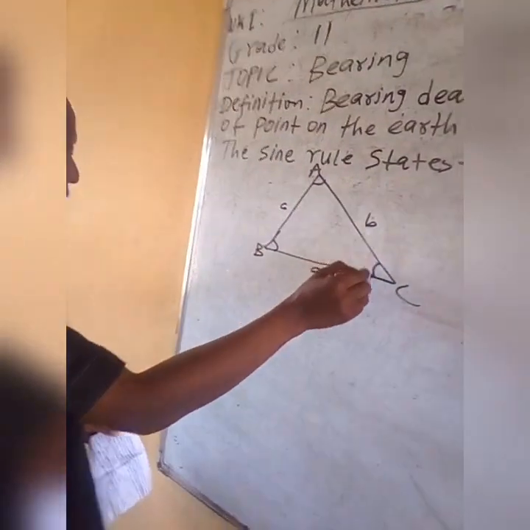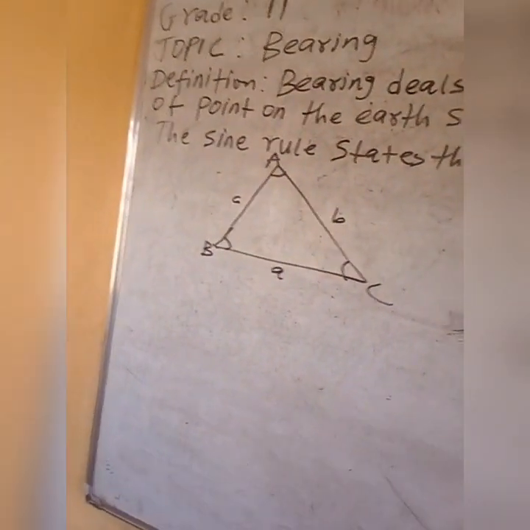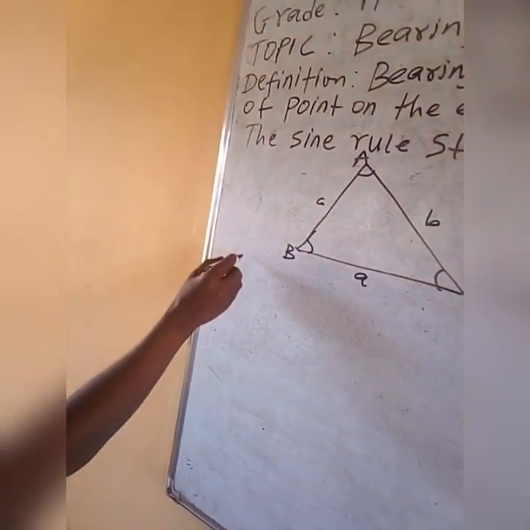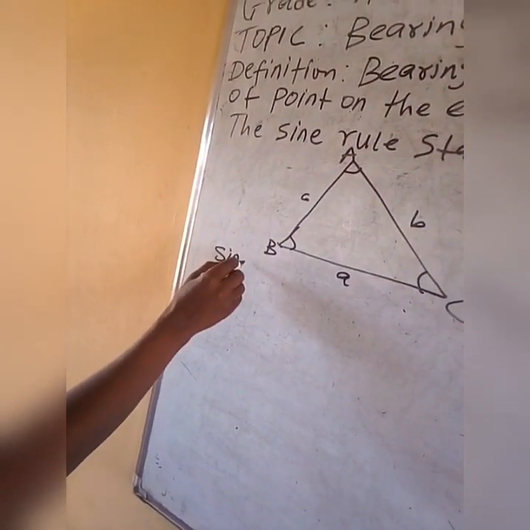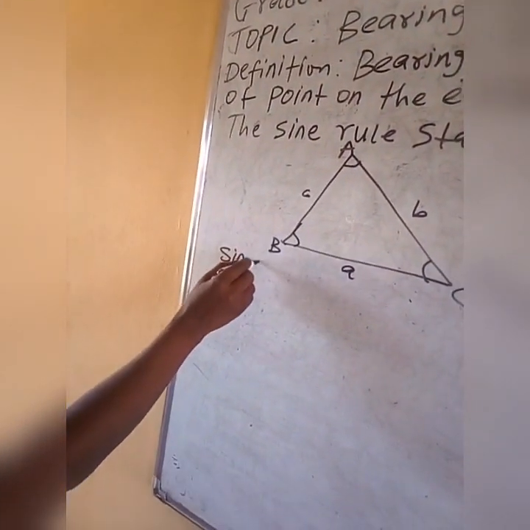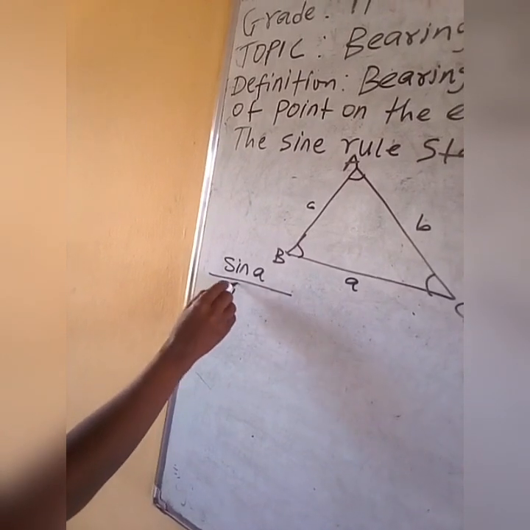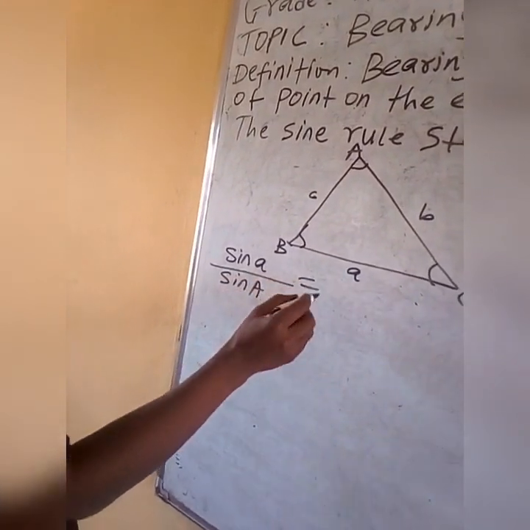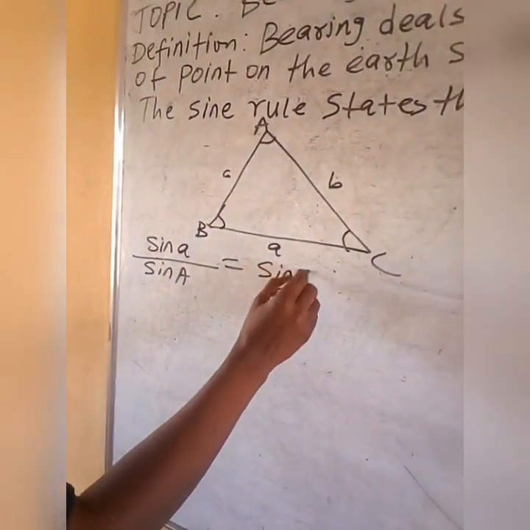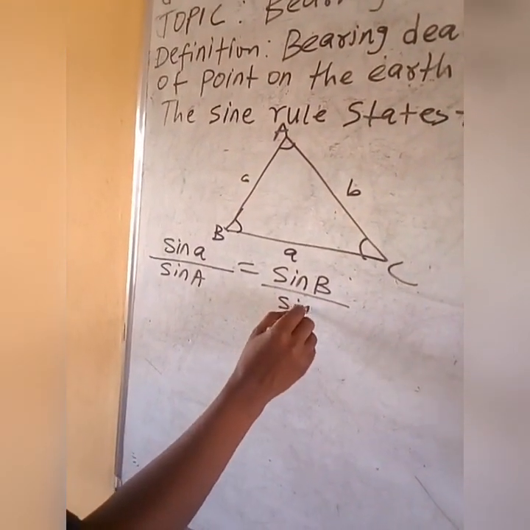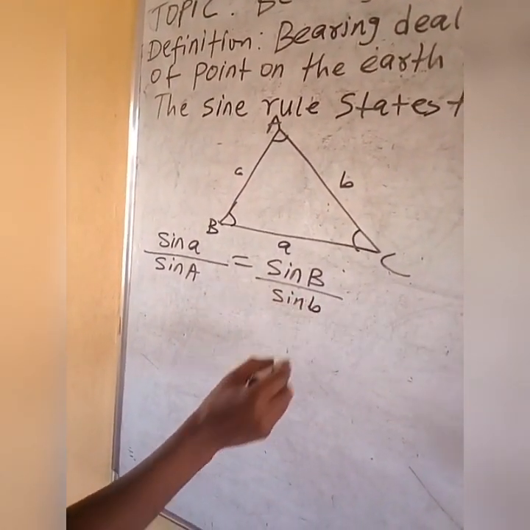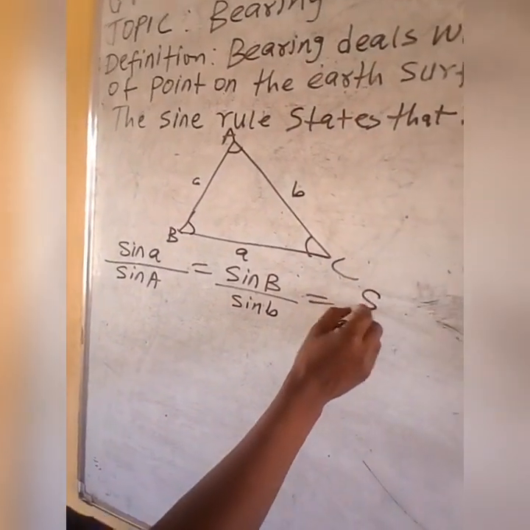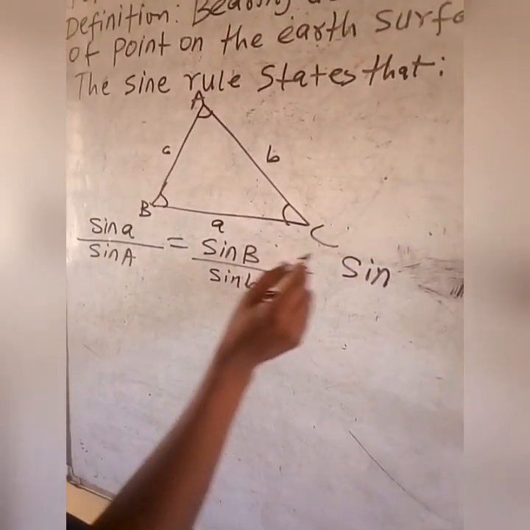So now, if I want to find, for instance, I have sine A over small a, which is equal to sine B over small b, which is equal to sine C over small c.